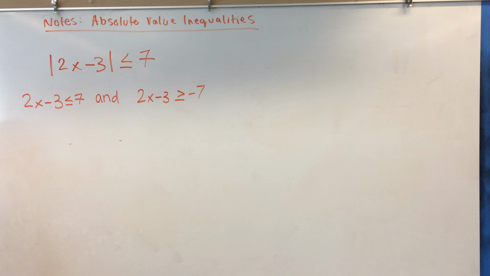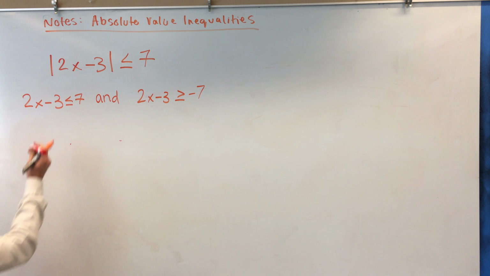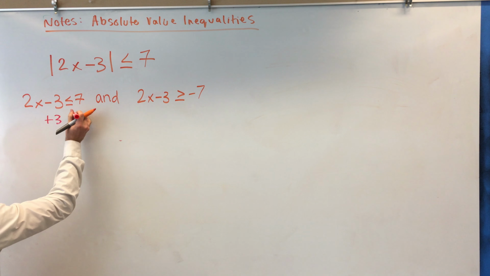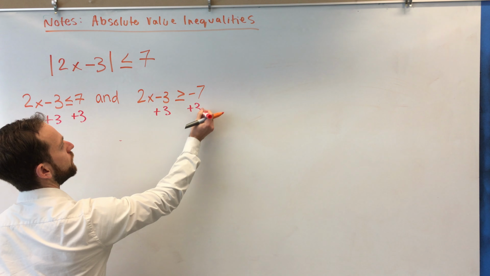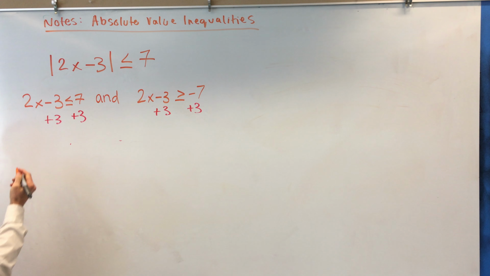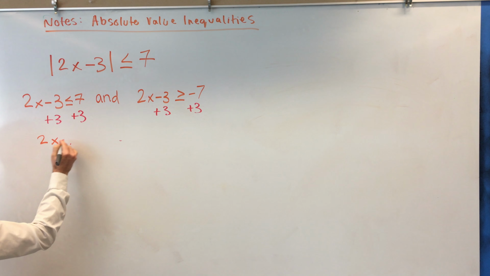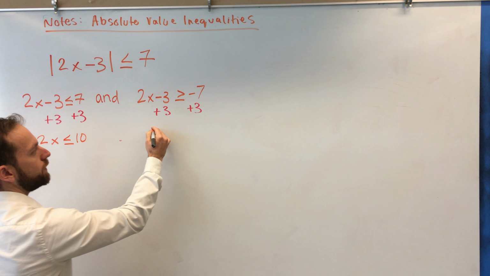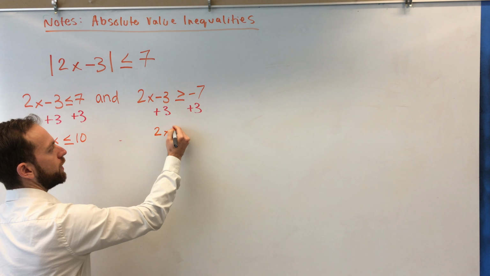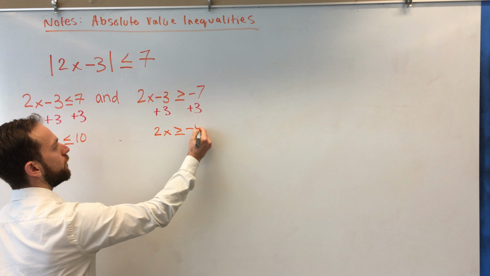Now it's just like any other equation or inequality when you want to isolate x. So you would add 3 to both sides in both cases. And you have 2x is less than or equal to 10. Here you have 2x is greater than or equal to negative 4.